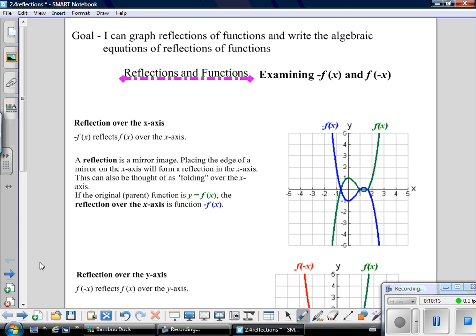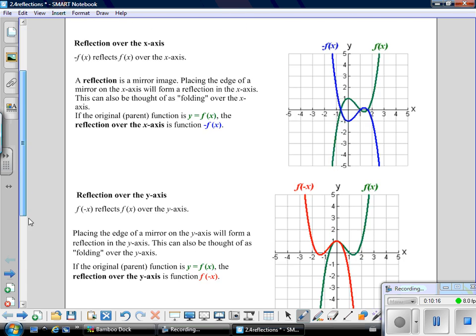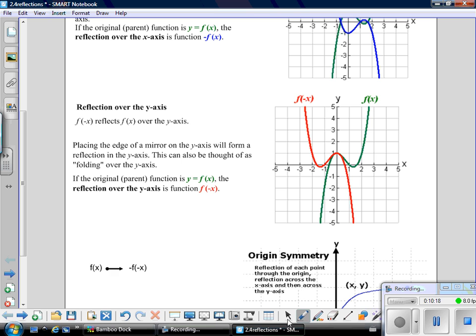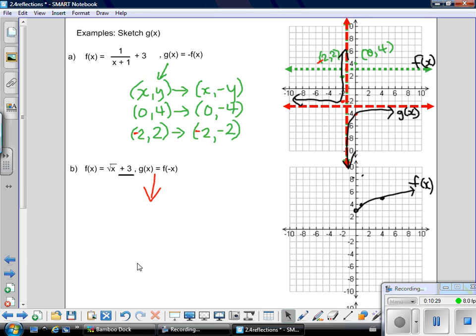Now, if I go back to our first page, we talked about reflection over the y-axis, and what happens there with our points is the y remains the same, but the x becomes negative. So that's what we're going to do here. So we know that if I have f of x, when we're talking about reflection, it's going to be negative x, y.